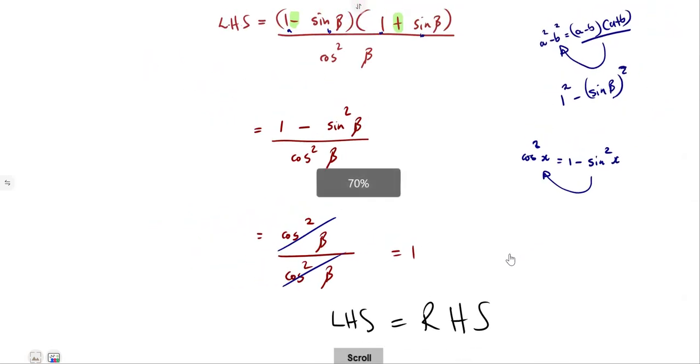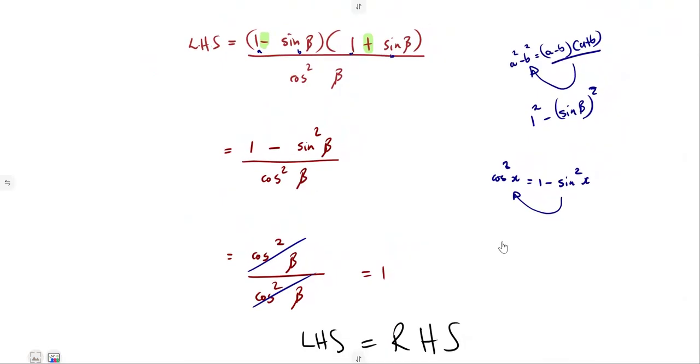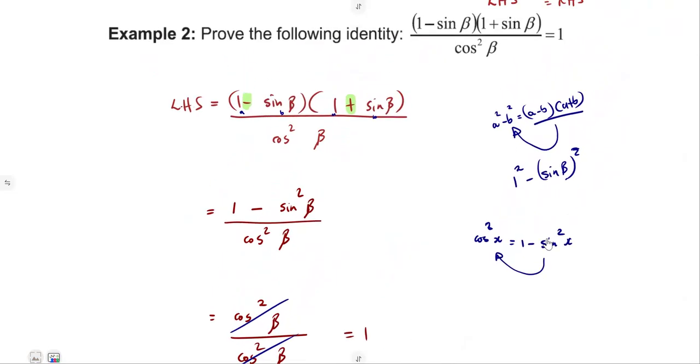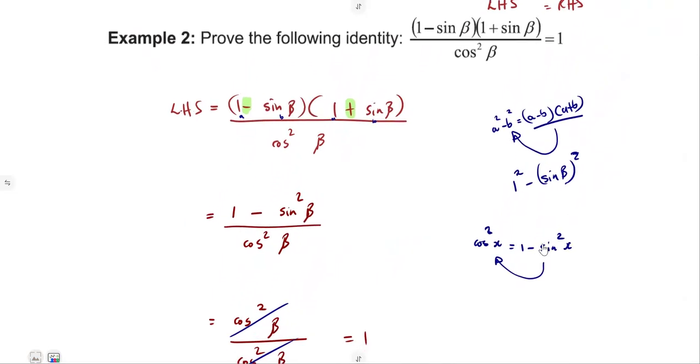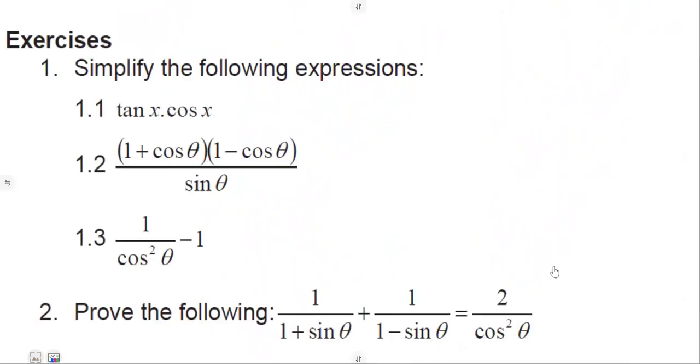Exactly what we wanted. So you see, simplification and proving are one and the same. What were you doing here? You were simplifying, only that you were given the answer. Considering this exercise, we are going to go through this one together.